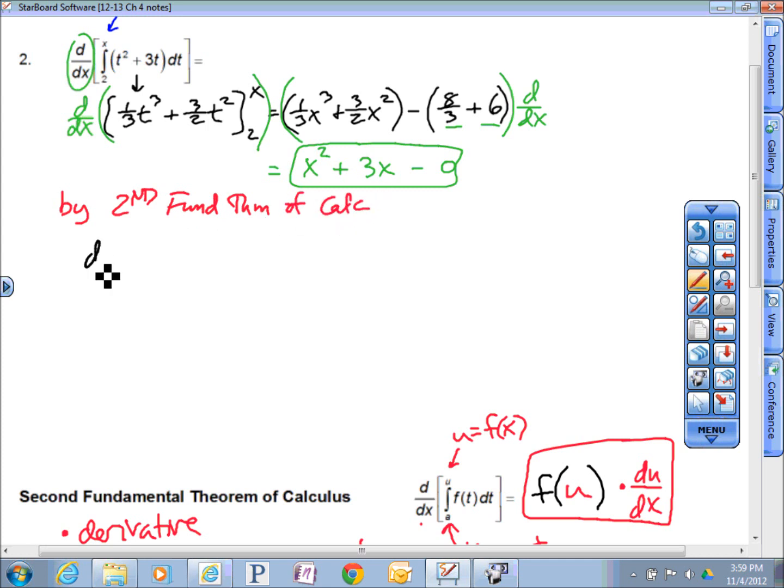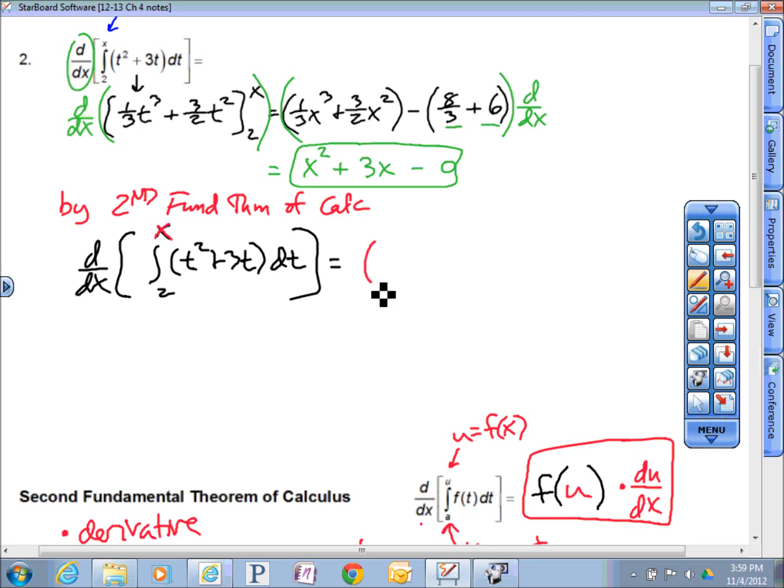We're supposed to do d over dx of the integral from 2 to x of the quantity t squared plus 3t dt. I've got my lower bound that's constant, and my upper bound that's a function of x. Everywhere I see a t, I'm going to replace it with that x, with that function of x.